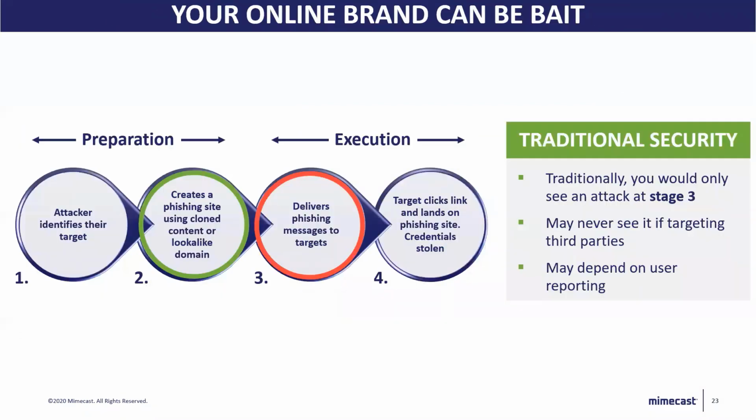So a typical phishing attack starts with the attacker identifying their target. They'll then build a phishing site using cloned content from the targeted website or by setting up a lookalike page on a lookalike domain. Existing security tools will only see this type of attack once it's live and once it's started to send phishing emails.